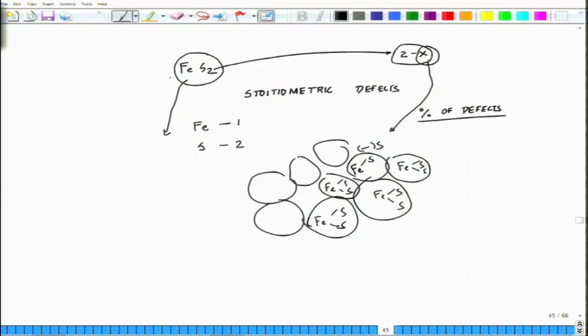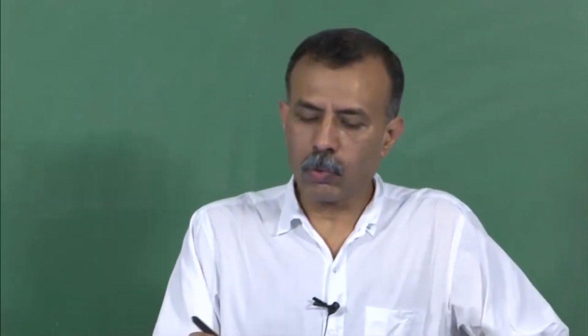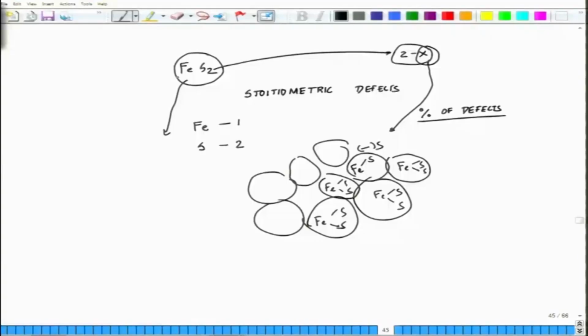This stoichiometric defect in FeS2 leads to some unique surface reactions. What happens is FeS2 plus water, which is insoluble, leads to formation of a very trace amount of H2O2. Okay. In other words, water is getting oxidized.